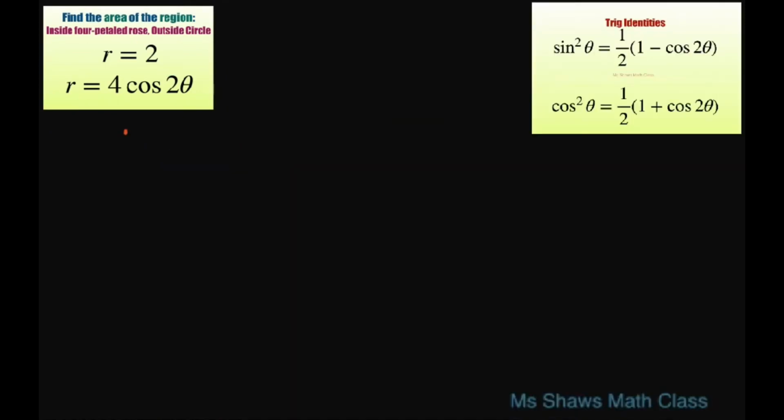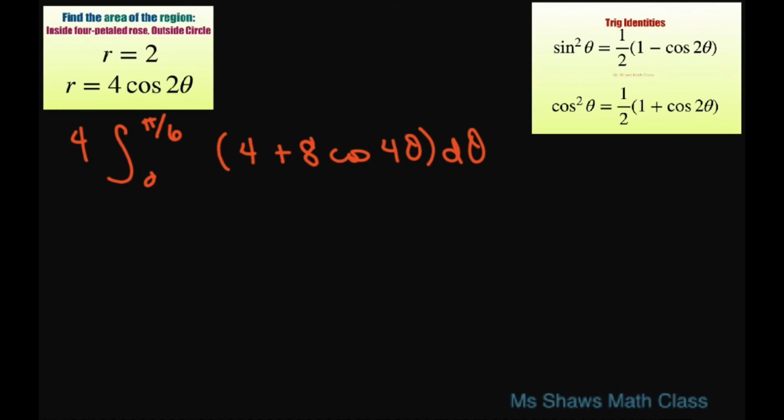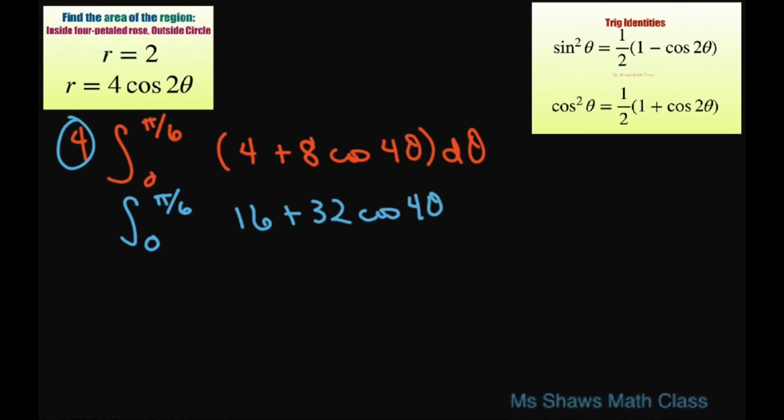We're going to have the integral 4 from 0 to pi divided by 6, and we had 4 plus 8 cosine of 4 theta, d theta. At the same time, let's go ahead and multiply through by this 4. So that's going to give me the integral from 0 to pi divided by 6. And now we're going to have 16 plus 32 cosine of 4 theta. You don't have to, but I just went ahead and did it. You could do it later if you wanted to.